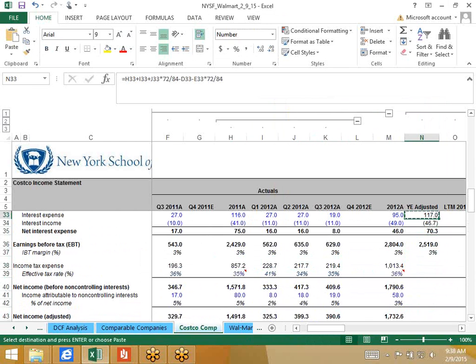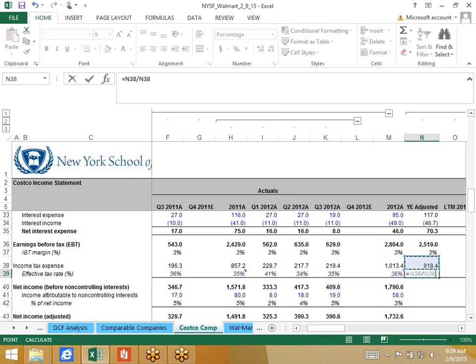So the column H plus I plus J, 72/84 of that, et cetera, all that will apply to the taxes. So we are adjusting the tax number. Yeah? 918.4. And then we're going to back into the implied tax rate based on that adjusted number. 918.4 divided by 2519, 36%.